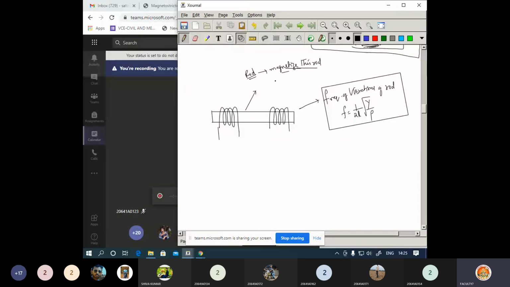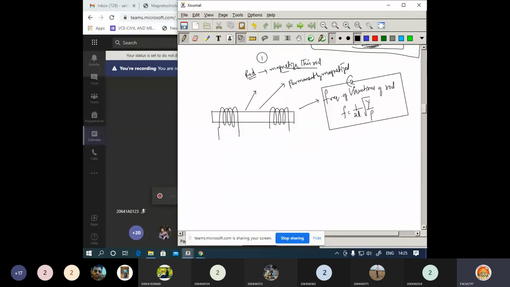Initially, you need to magnetize this. Now it is a magnet here. After magnetization, the rod becomes a magnet. So consider that this is a permanently magnetized material here. This is the first point you need to understand.